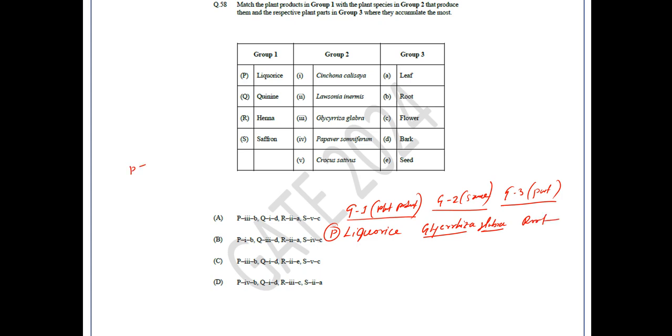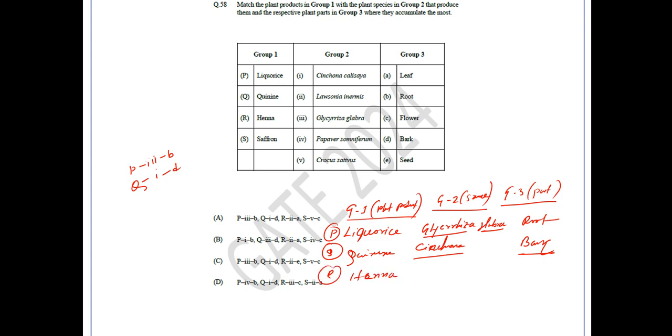So P matches with 3 and with B. Next, if we see quinine. Quinine is obtained from Cinchona calisaya, and the part in which it accumulates is mainly the bark. So Q matches with 1 and with D.